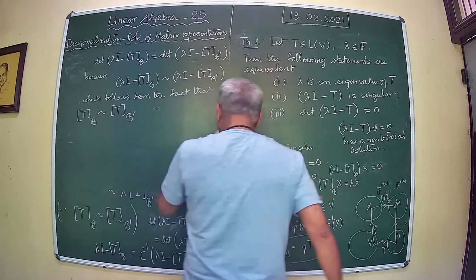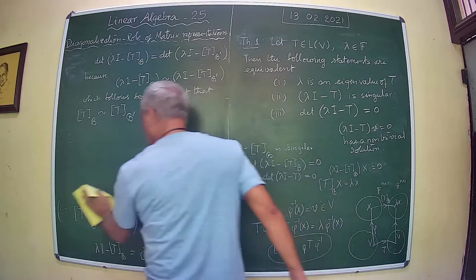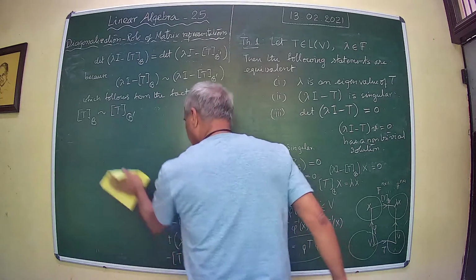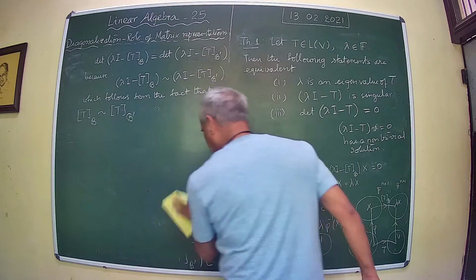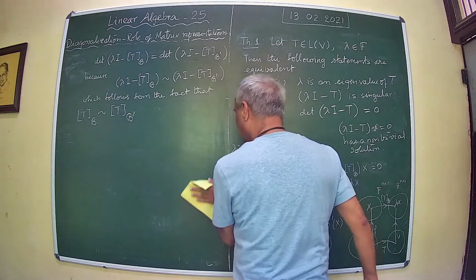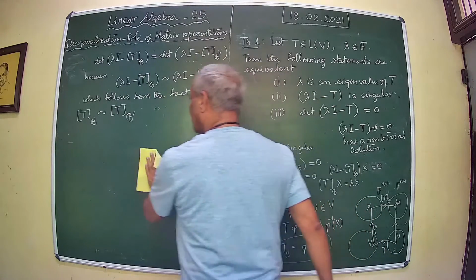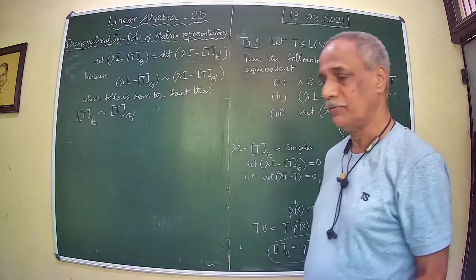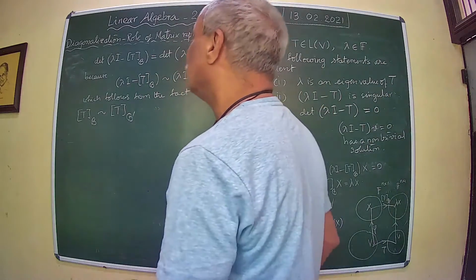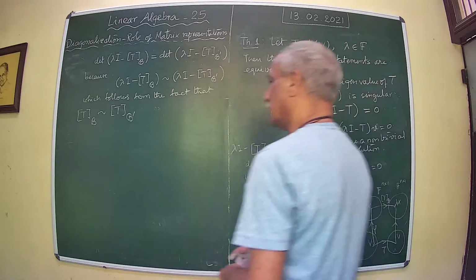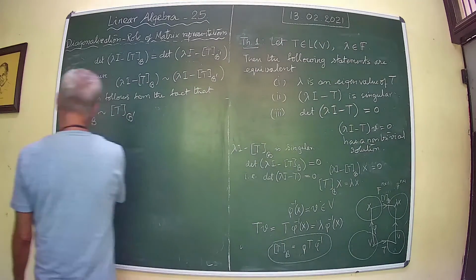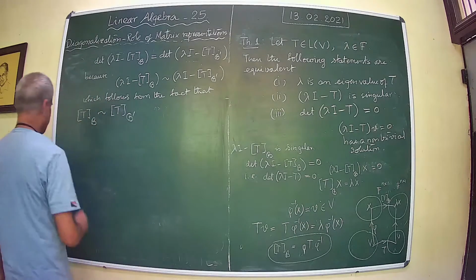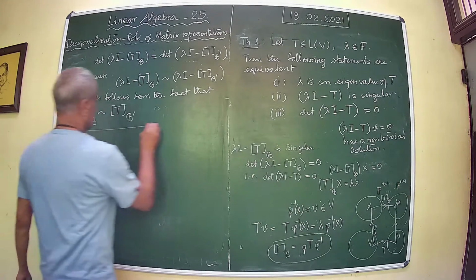So now where do we stand? We stand with finding out if it exists the zeros of the polynomial. That is the problem. In fact, given T, we have to find out the characteristic polynomial and find out the roots of the polynomial. So this is where we stand.